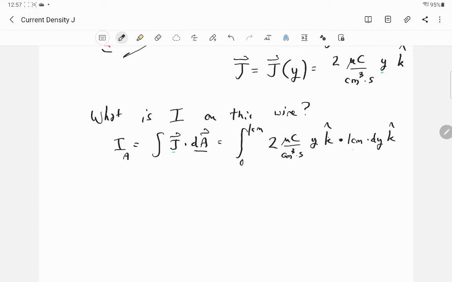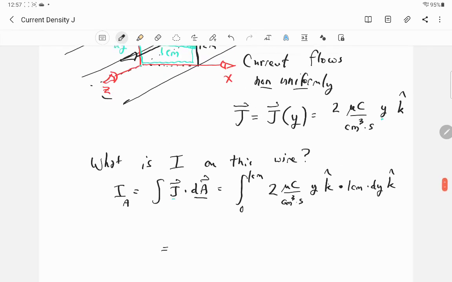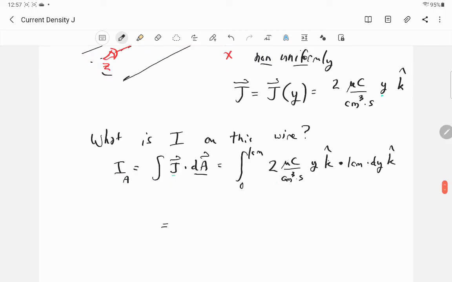And what's left over is the 1 centimeter width on the area strip. So let me take that out with this other constant: 2 microcoulombs per centimeter cubed times the second, and I'll take out a 1 centimeter factor, part of the area. But then on the inside of the integral, from 0 up to 1 centimeter, there is dy times y.